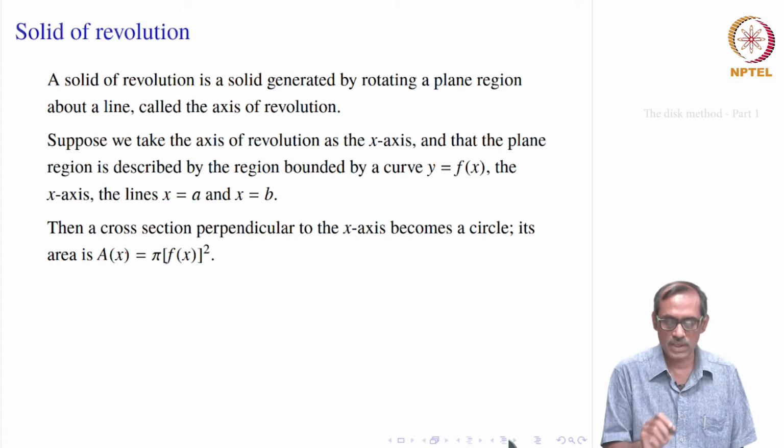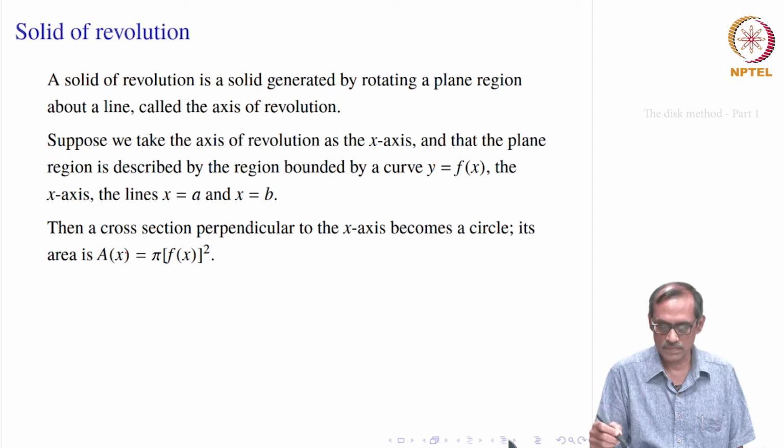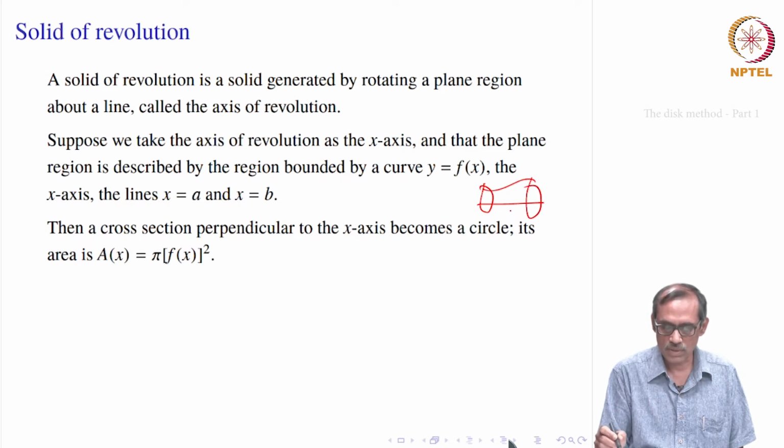First we take a cross section perpendicular to the x axis, because we want to use the slice method. So once you have a solid of revolution, we take a slice here, any cross section perpendicular to the x axis.